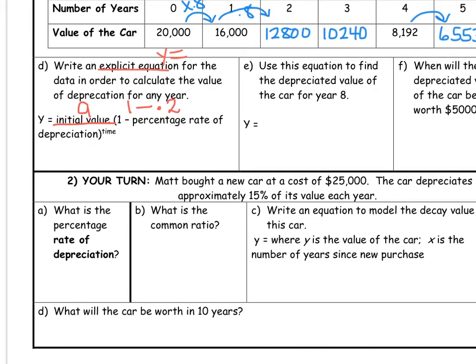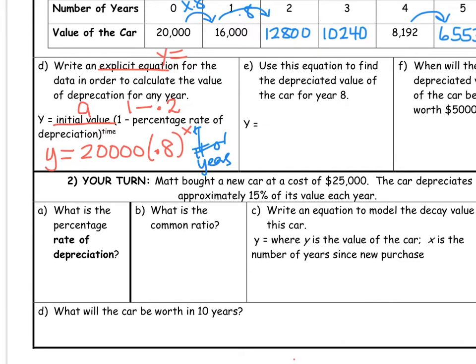So it's depreciating by 20% each year. Our initial value is 20,000, and again, since it's losing 20%, it's keeping 80%, and then x is our exponent, where x is the number of years.